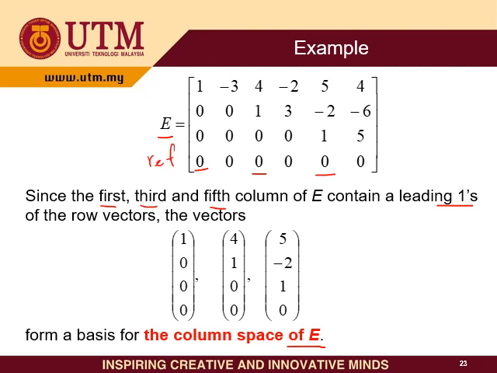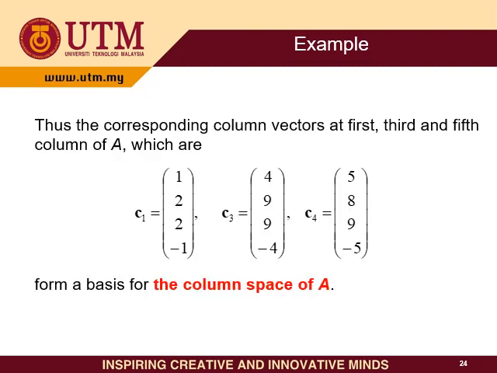But we do not find yet the basis for the column space of matrix A. To find the basis for the column space of A, you need to use this first, third, and fifth column, and then look back in matrix A at the values of the first, third, and fifth column. Then we can say it is a basis for column space A.